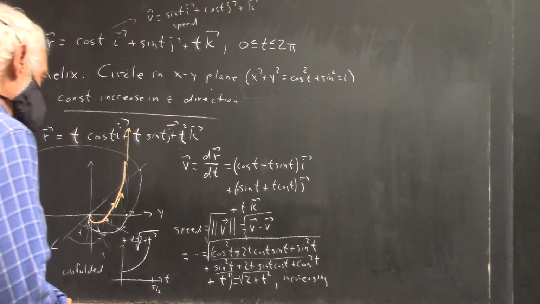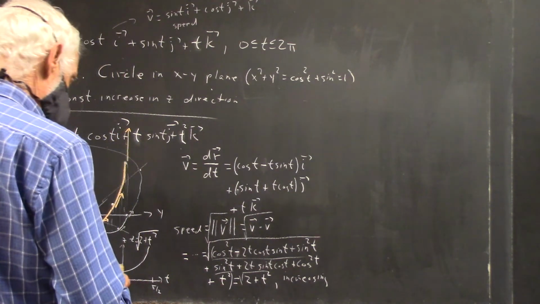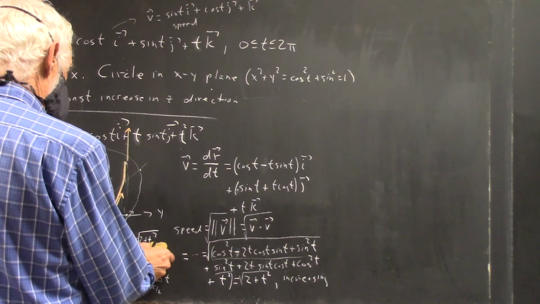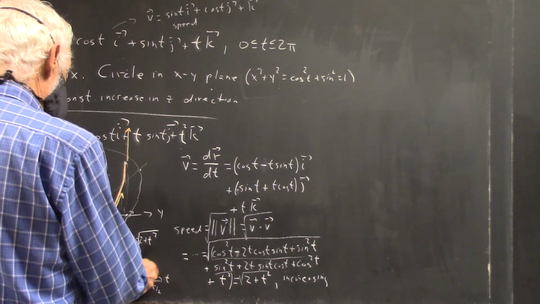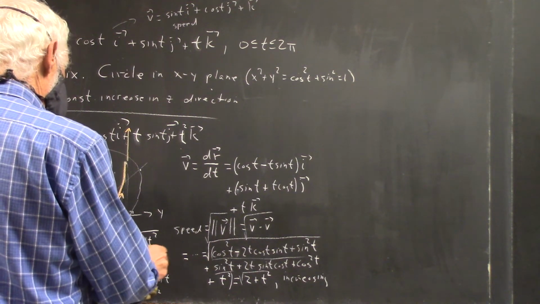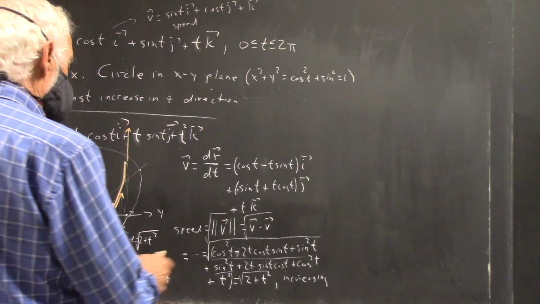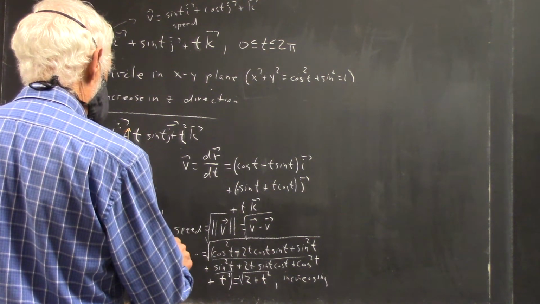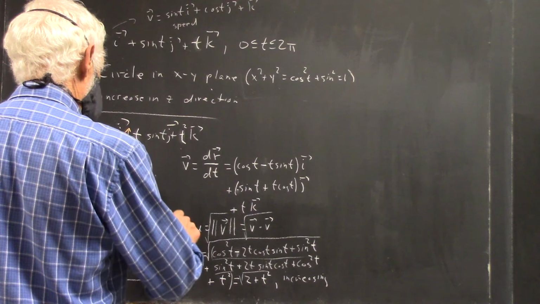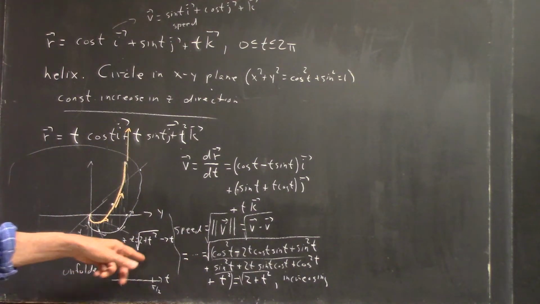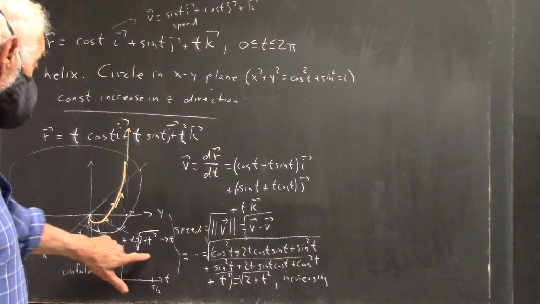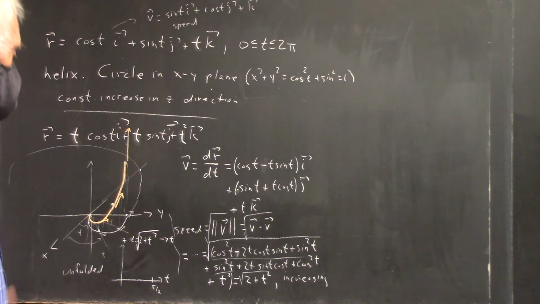Which won't look exactly like this, because as t approaches infinity, 2 plus t squared approaches t. Simple analysis, okay? And common sense.